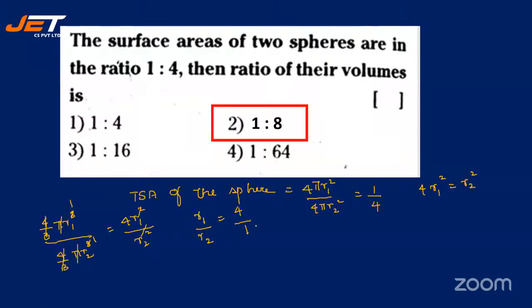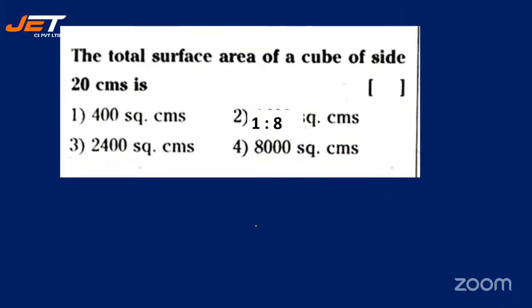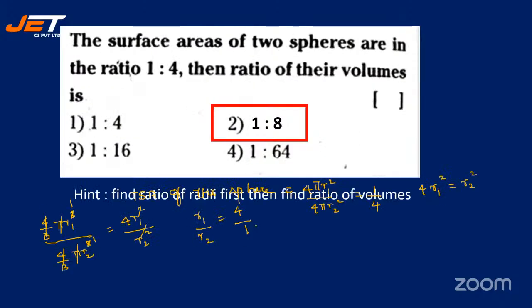Now what they are asking is to find the ratio of their volume. So here they have given it as 1:8. As they have told, find the ratio of the radii and then find the ratio of the volume, right? So that is what we have also found out.